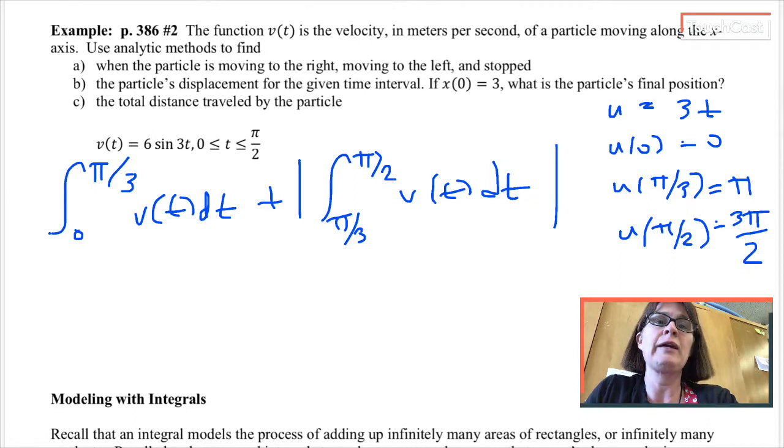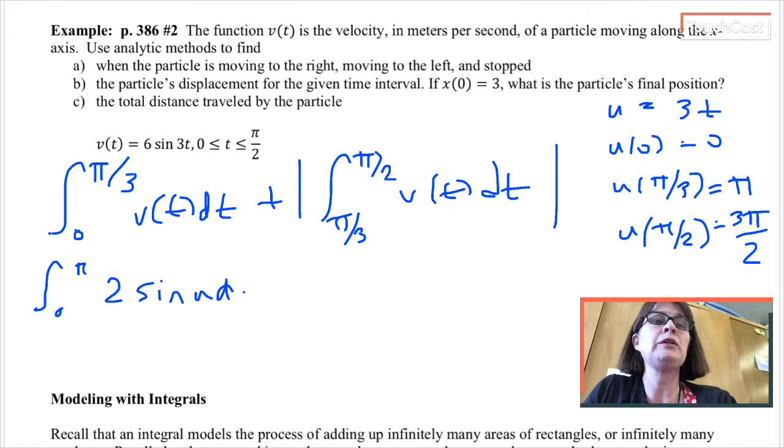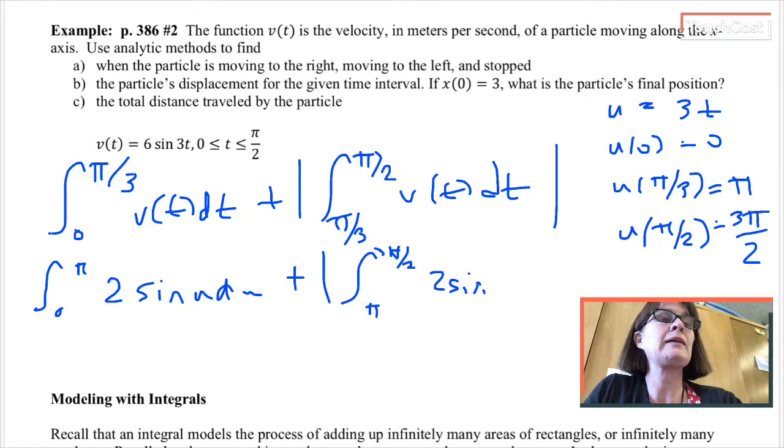So I'm going to integrate from 0 to pi of 2 sine u du, plus the absolute value of the integral from pi to 3 pi over 2 of 2 sine u du.